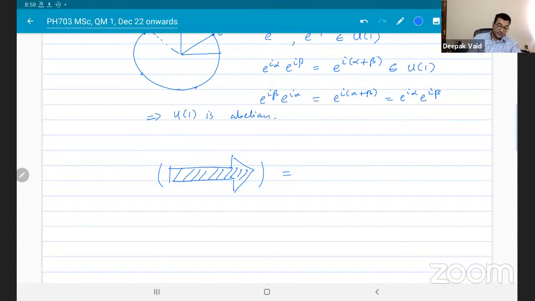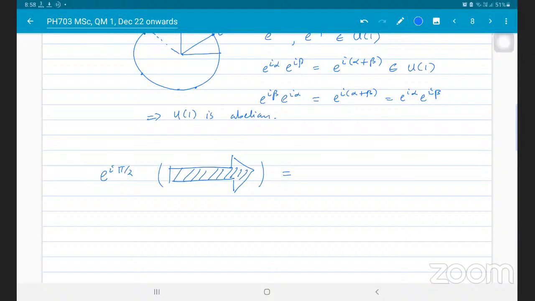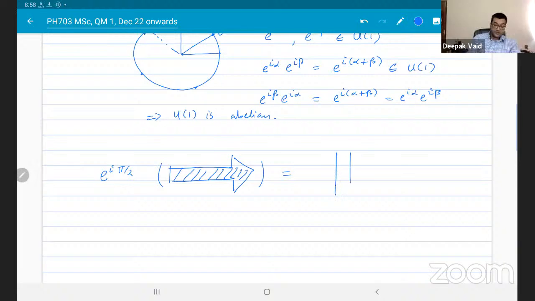Let me apply e to the i pi by 2. What will be the resulting object? Rotated. Yeah, I will get this, right?